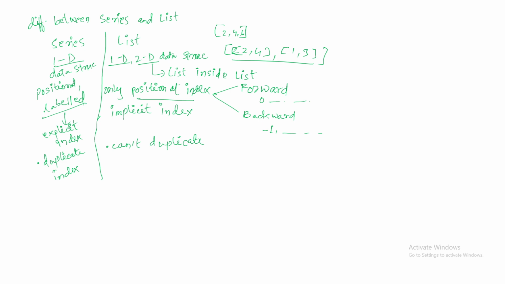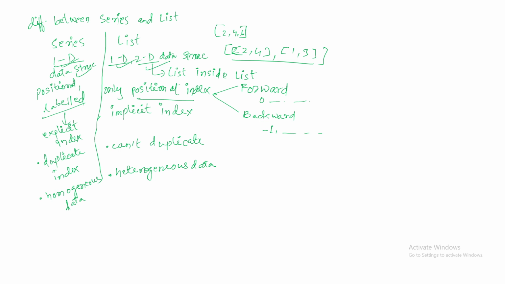Now, which type of data will it accept? Homogeneous, means same type of data. Okay, and this is heterogeneous data. Clear? So series is which type? 1D, single dimensional data structure.